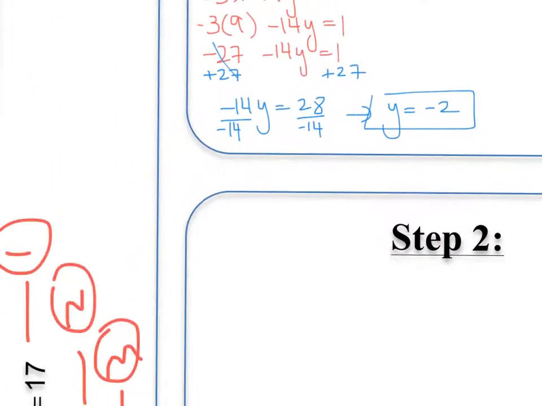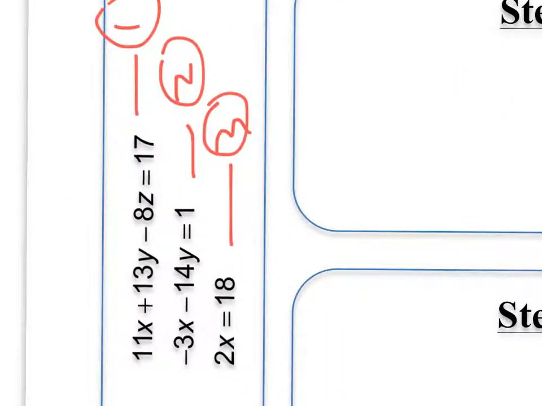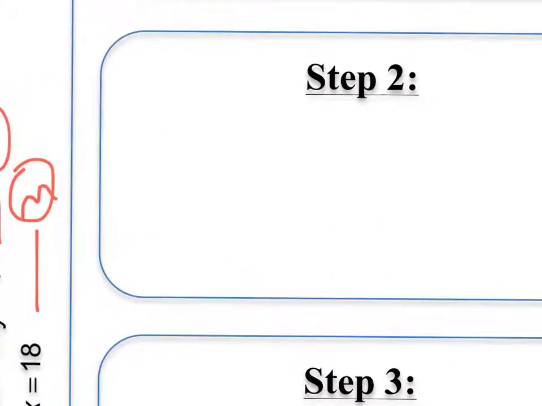Now what if I plug these two variables in the first equation? The first equation, I have x, y, z. I know x. I know y, then my only unknown is z. So let's copy this in step 2. And let's plug in x and y in this equation. So it's 11x plus 13y minus 8z equals 17.